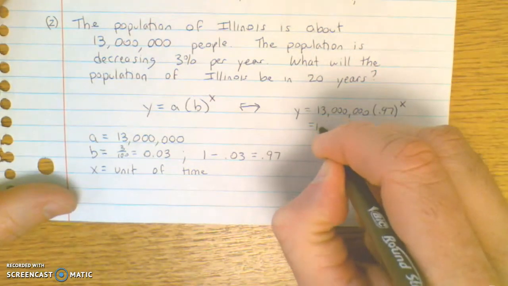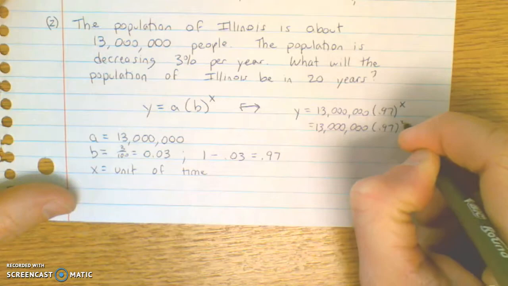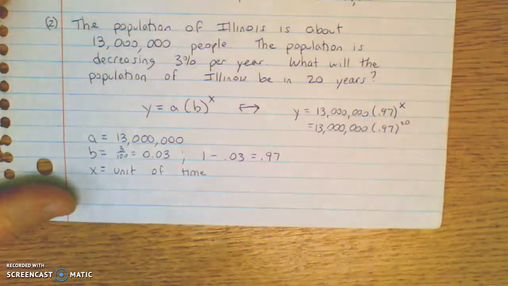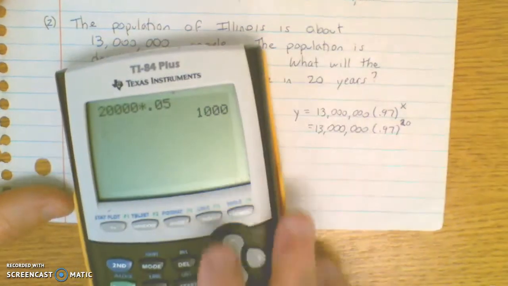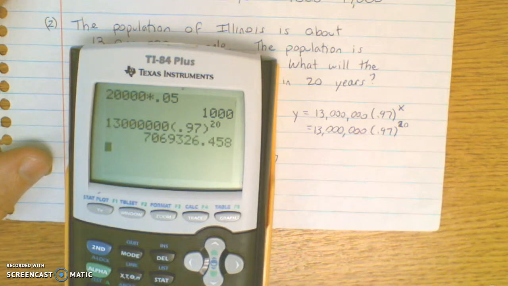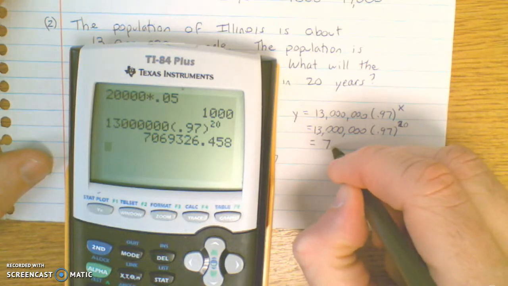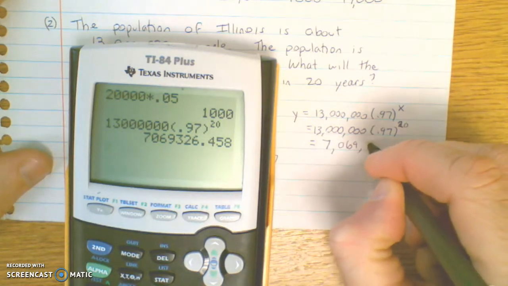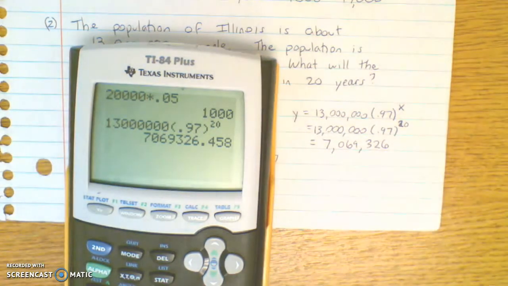So if I want to know what the population will be in 20 years, I'd replace the x with 20, and then we just type that into the calculator and see what we get. So in 20 years, if Illinois' population continues to decrease at 3% a year, the population of Illinois would drop to 7,069,326 people. So that's a pretty big drop over that time frame.